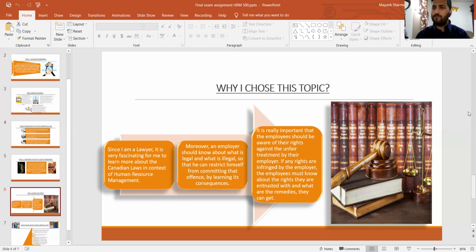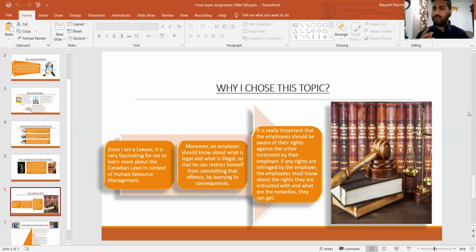This legal framework helps the employer to understand what is wrong and what is right, in what way they are going wrong and in what way they are going right. Also, I feel that every employee should know about their rights against unfair treatment by the employer. If the rights are infringed, the employee should know about the rights they are entrusted with by the government.